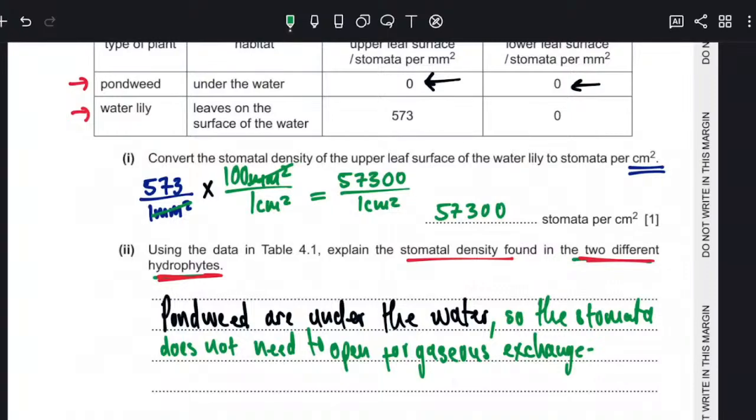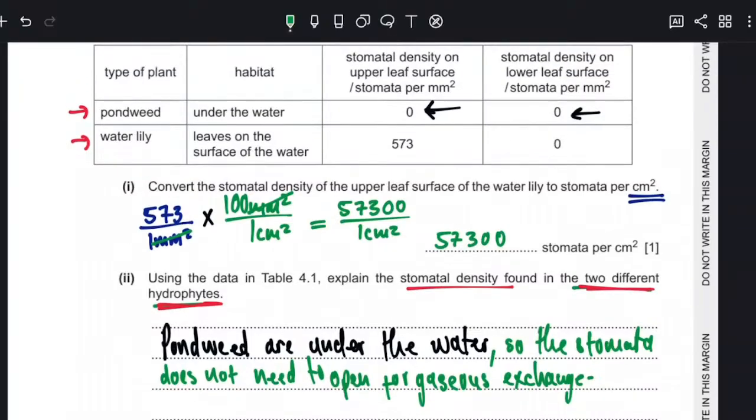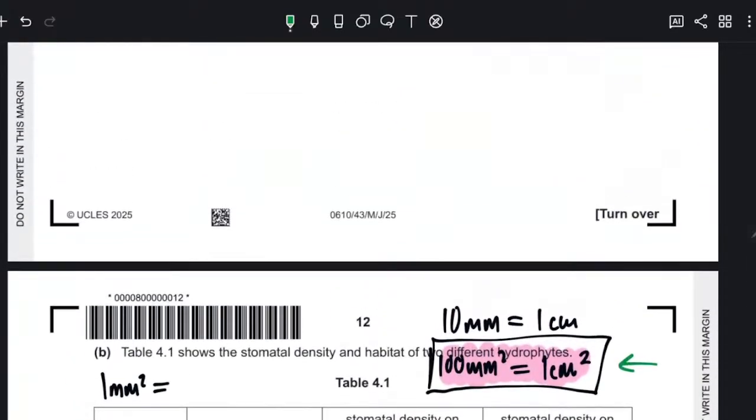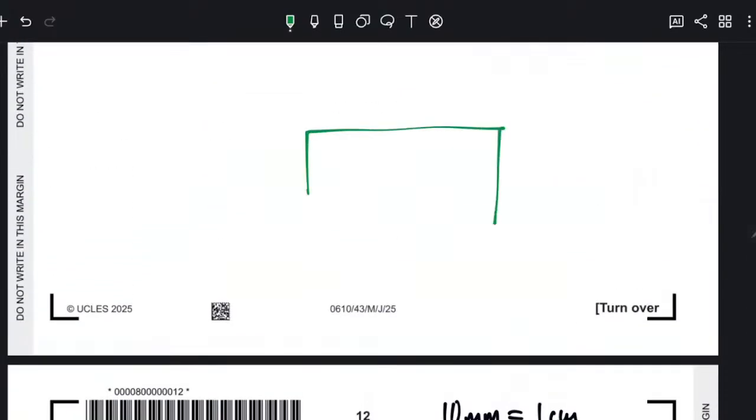When I say to you, tell me what this stomatal density is, when one is 0 and the other one has this, I'll be saying, if I take a part of a leaf, okay? This is just big words that they're trying to use for you.